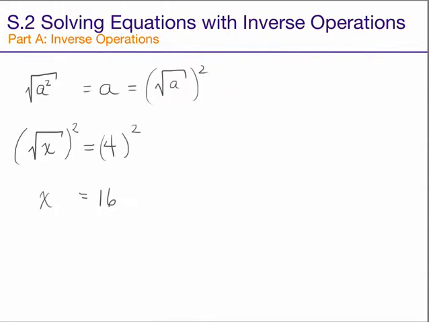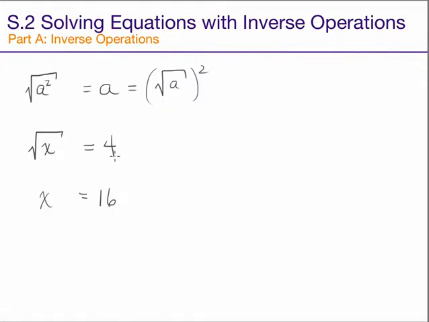Does this solution make sense? Here's what I started with. The square root of x equals 4. The square root of a number is the number I have to square to get the number. What number do I have to square to get x? Well, according to this equation, that's 4. 4 is the answer. So 4 is the number I have to square to get x.